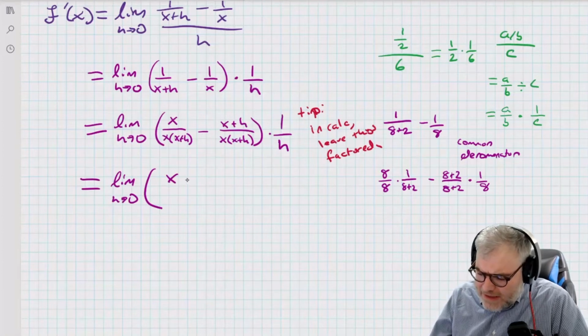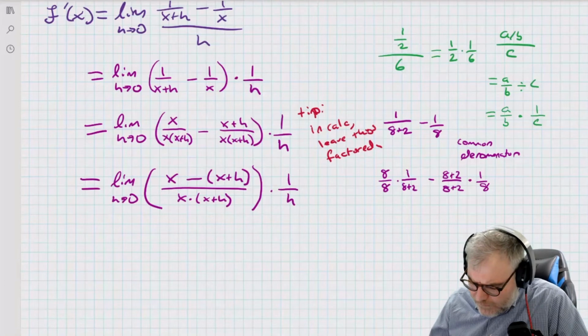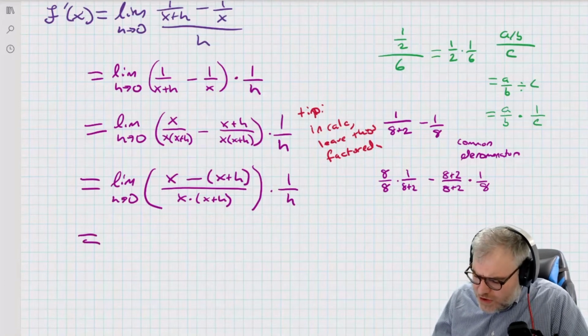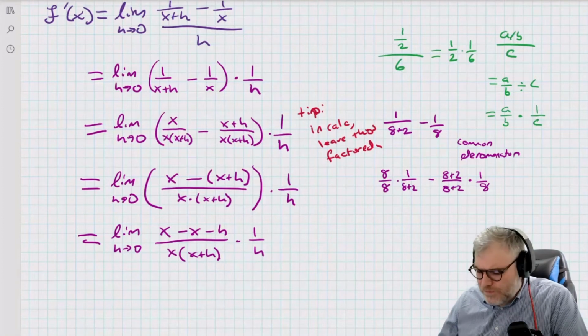So I'm going to do minus x plus h all over x times x plus h, times 1 over h. And then, once I distribute that, I'm going to get the limit as h goes to 0 of x minus x minus h all over x times x plus h times 1 over h. Okay.